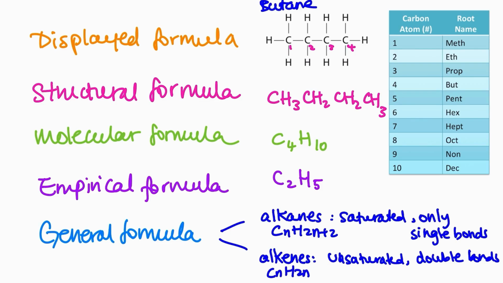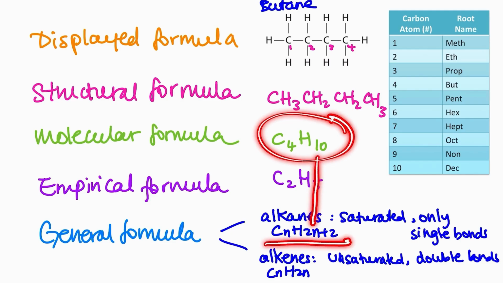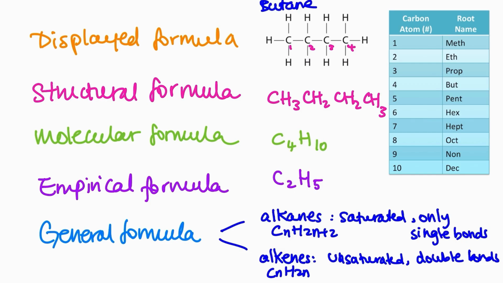And you can actually check that. We have here C4H10. It should correspond to the general formula of an alkane. So here, n is 4. So what is 2 times 4 plus 2? 2 times 4 is 8, plus 2 is 10. That's why it is C4H10.